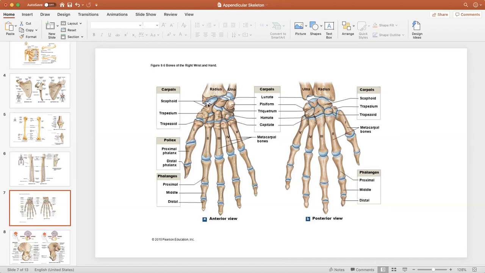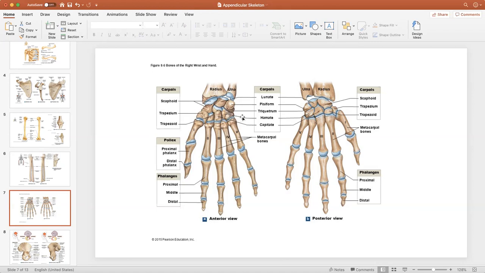So we have the scaphoid, which articulates here with the radius, and then lunate, the triquetrum and the pisiform. And then we have the trapezium for the thumb, then the trapezoid, and then the largest one in the center here is the capitate, and then the hamate, which has a little hook on the end here. It's a little hard to see in this picture, but there's a little hook on the end there.